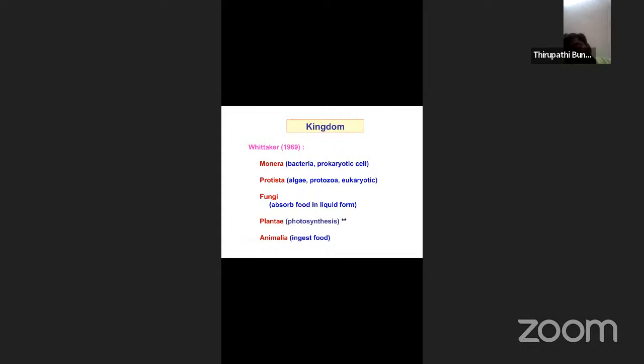Next, fungi. In the fungi group, the organisms' food habits are very different. They absorb food in liquid form. Next, Plantae.